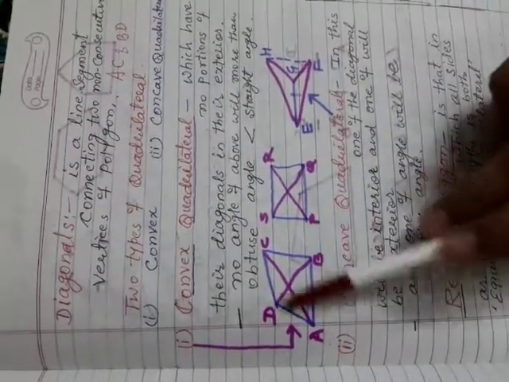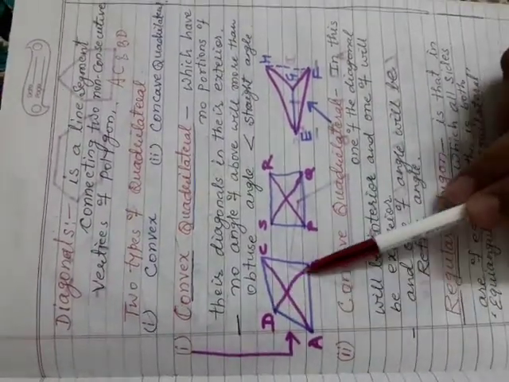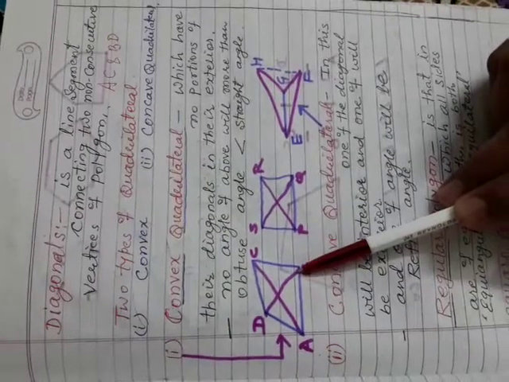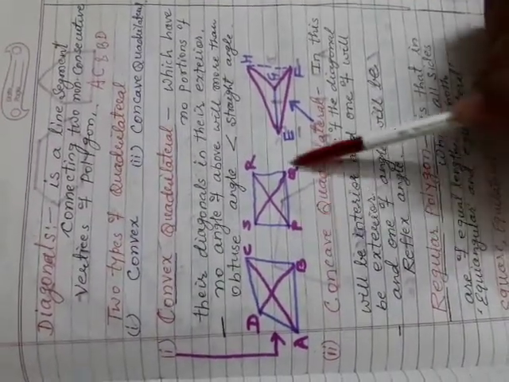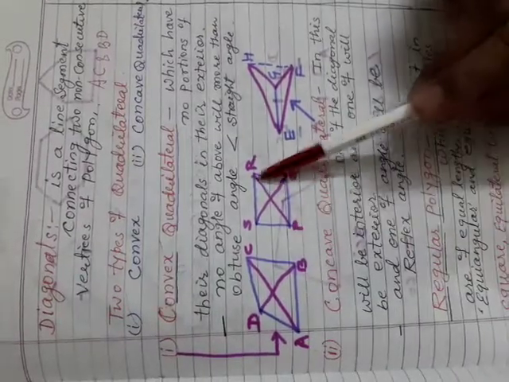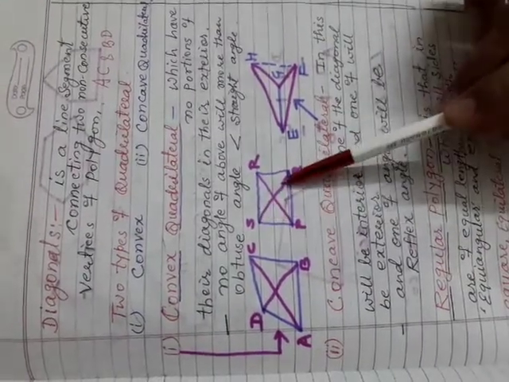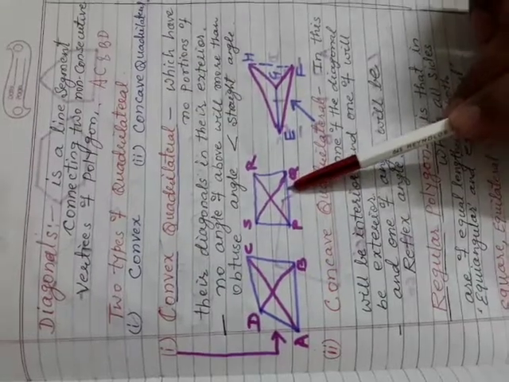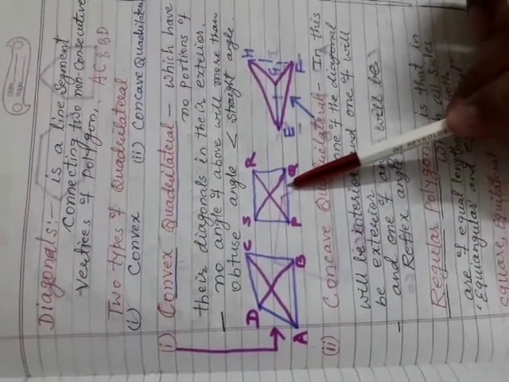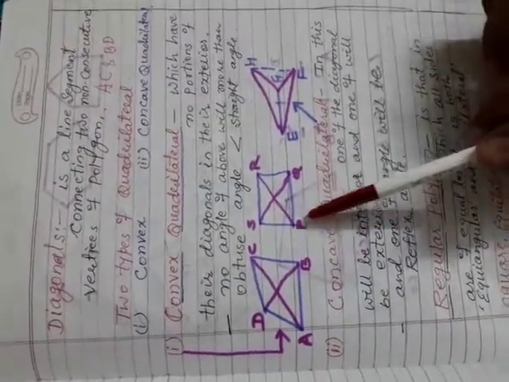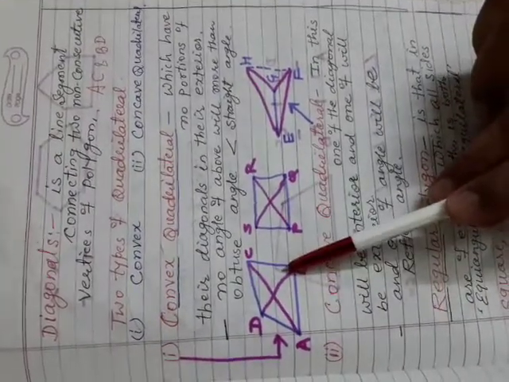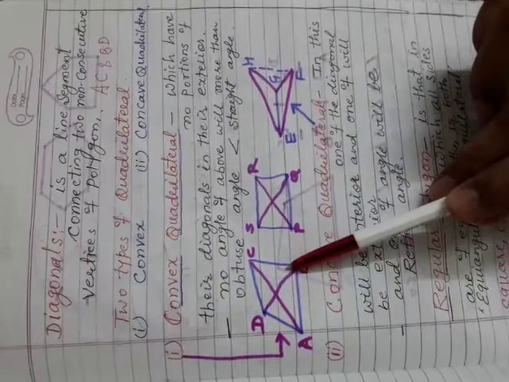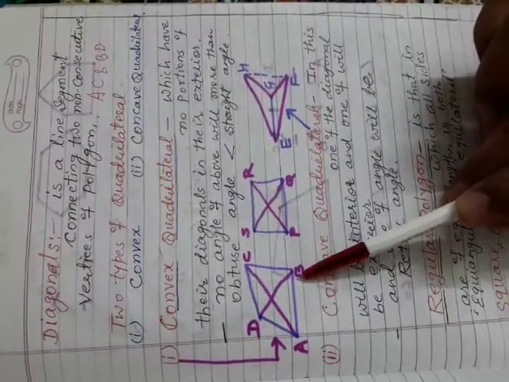This is a quadrilateral where both the diagonals are lying in the interior, known as a convex quadrilateral. Another example, PQRS is a quadrilateral. PR and QS are the two diagonals, which are lying in the interior of the quadrilateral. Another property: all the angles will measure less than 180 degrees, less than a straight angle.